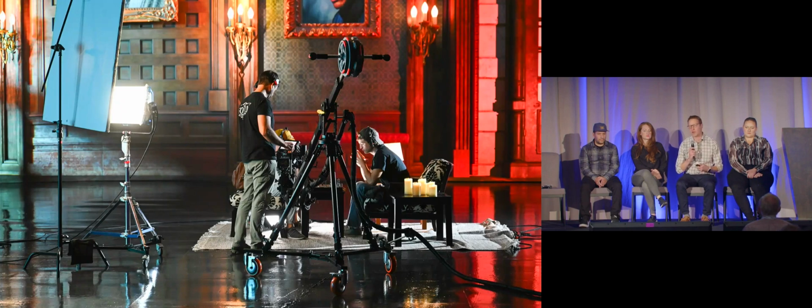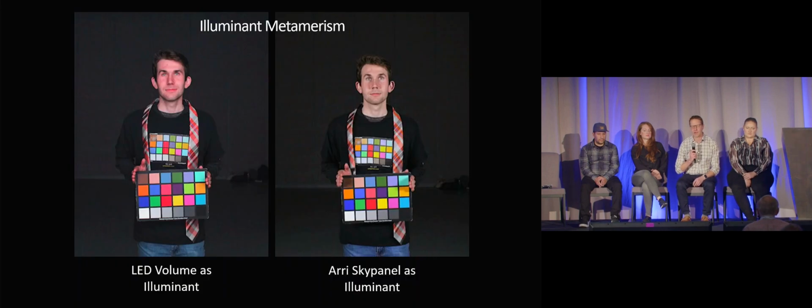The other things we want to think about are the popularity of using the LED volumes as principal lighting. Really, really dangerous thing to do because, again, the spectra of the emitters on your typical LED panels are very narrow band. And that's a classic problem with illuminant metamerism. So at RIT, we ran a very quick test to showcase this. We illuminated my research assistant, Aiden, holding the Macbeth chart with our LED volume.